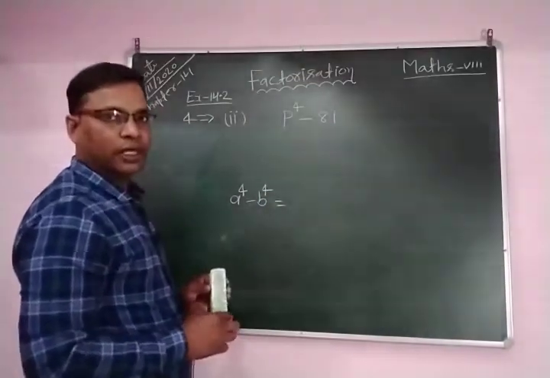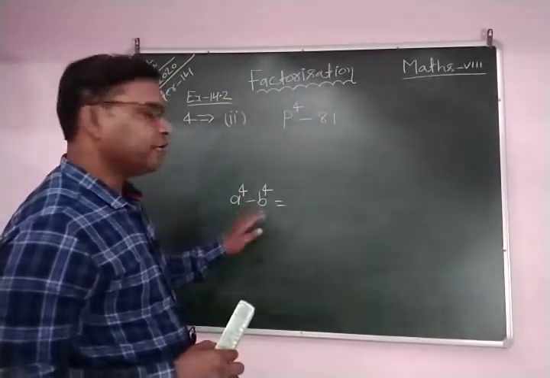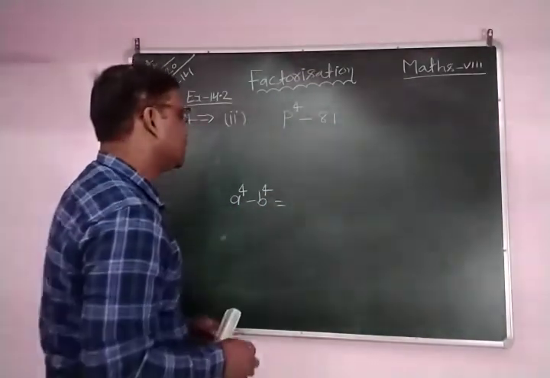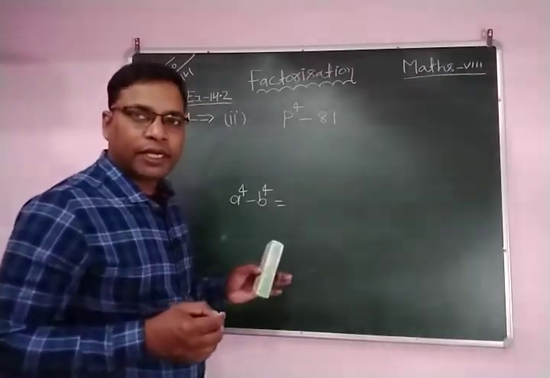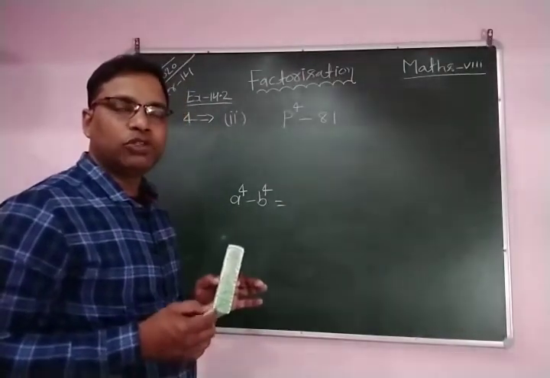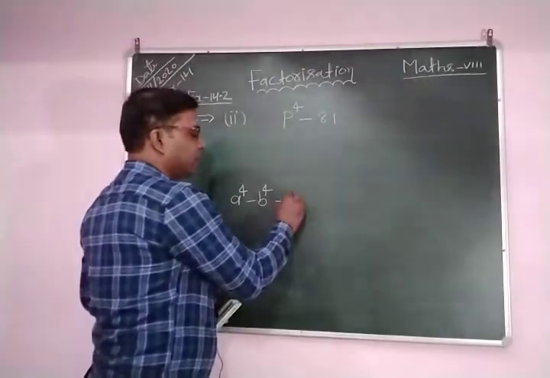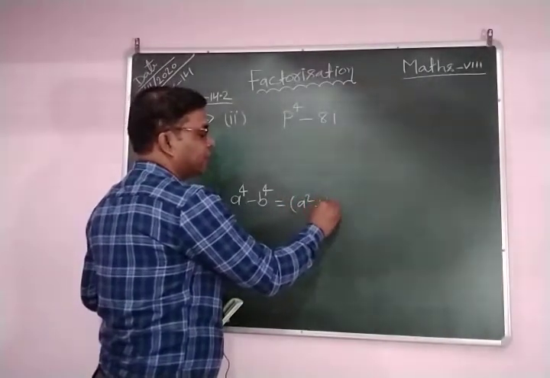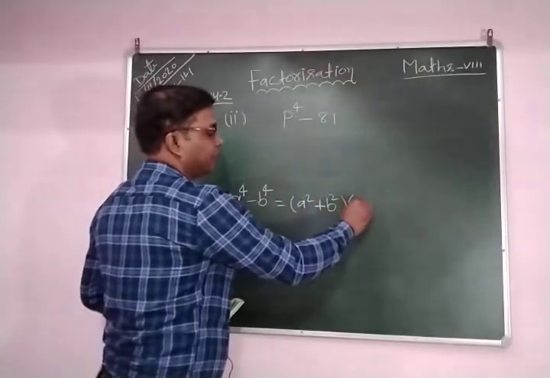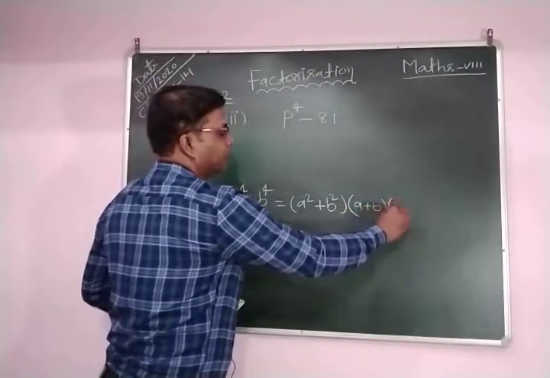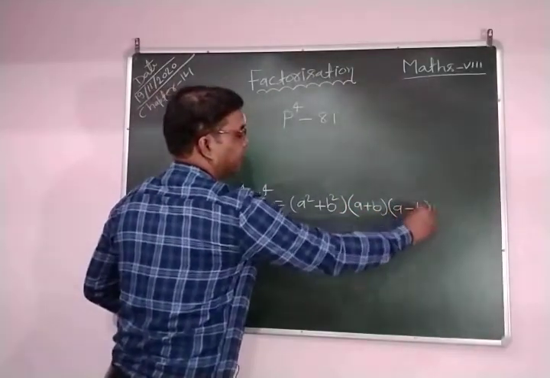So we find the factor of a to the power 4 minus b to the power 4. This is equal to a square plus b square into a plus b into a minus b.